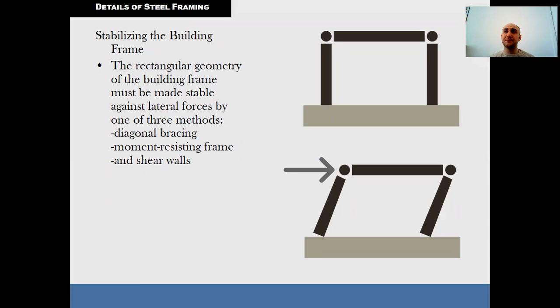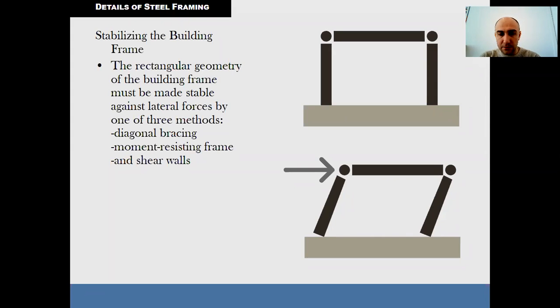So we know that the force increases when the height of the building increases. In addition, the large sections of glass often used in modern architecture place higher demands on the stabilizing system.